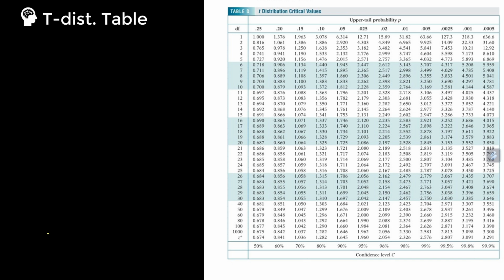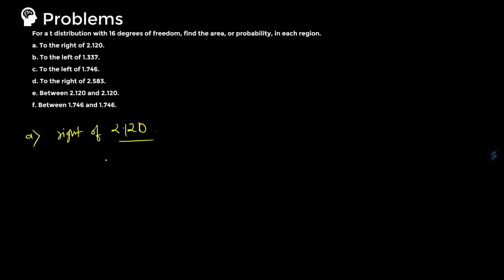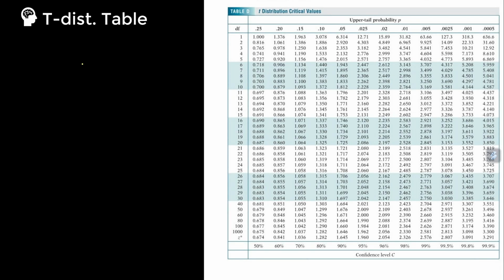Let's understand the other problem. To the left of 1.337, at 16 degrees of freedom. We know this is our 16 degrees of freedom, and we will find out 1.337.